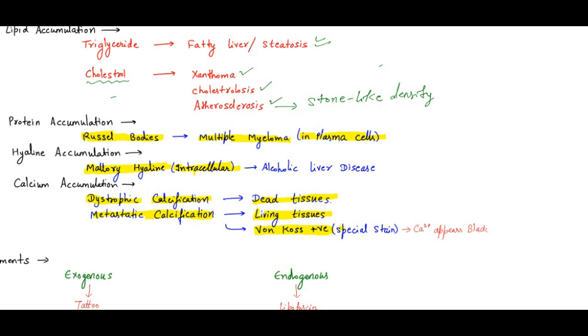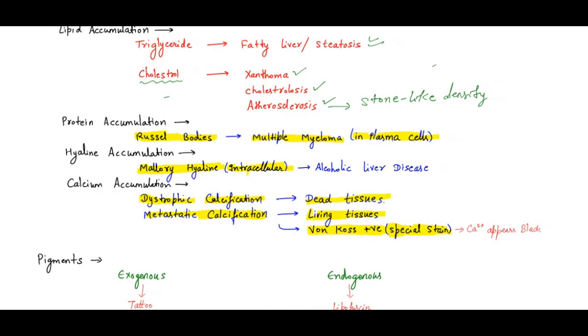This is the special stain for metastatic calcification. When we do the von Kossa stain, the calcium will appear black. So if you find the von Kossa stain is positive, the answer is metastatic calcification.